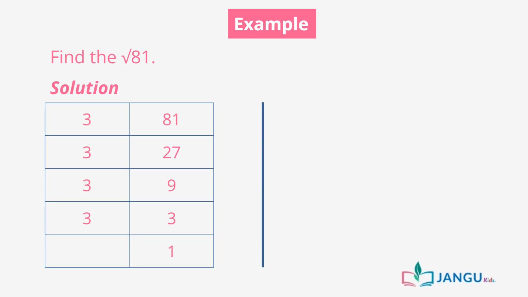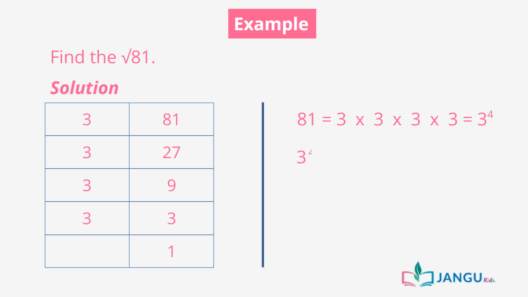For instance, if we are asked to find the square root of 81 without a calculator, how do we go about it? First, we represent 81 as a product of its prime factors, like this. 81 is equal to 3 times 3 times 3 times 3, which is equal to 3 raised to the power of 4. Next, we divide the power of the factor by 2.